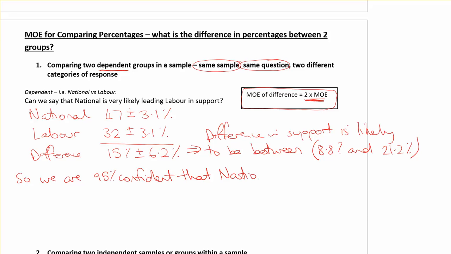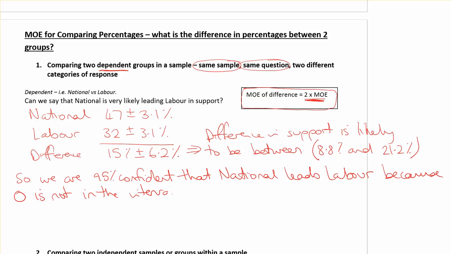National leads Labour because 0 is not in the interval.